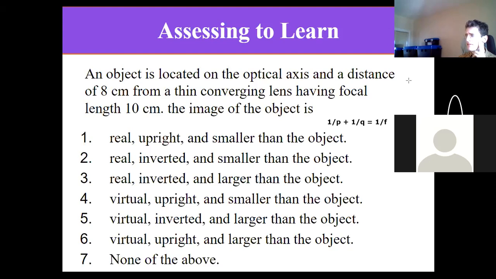And you know that the focal length is 10 centimeters, so here's one focal length, and here's another focal length. But we're told that the object is 8 centimeters away. So it's actually inside, the object is inside the space between the focal point and the lens.